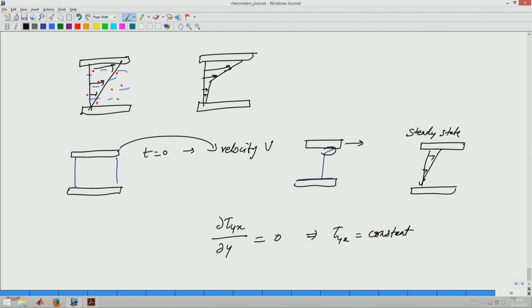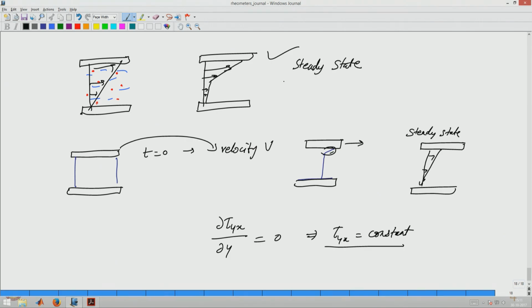Therefore, if some part of the material is yielded with this stress, the other part will also yield. It is just that it takes a finite amount of time for the yielding process to go. So, at steady state you would again expect a linear velocity profile, and what we are talking about here are steady state profiles only.